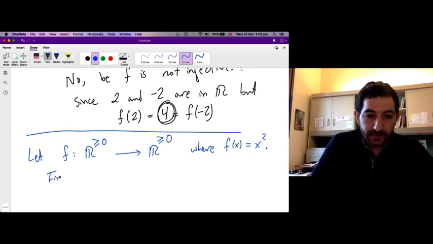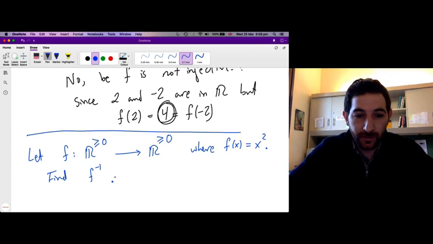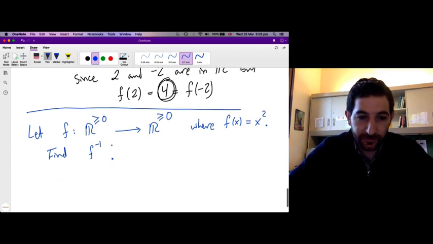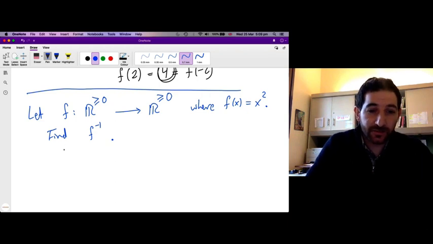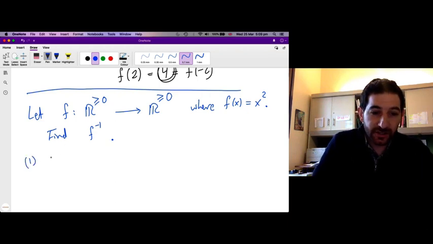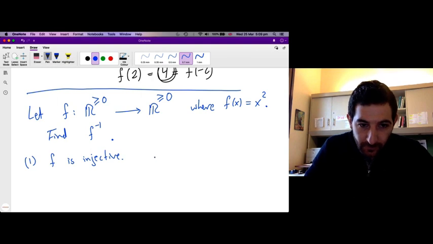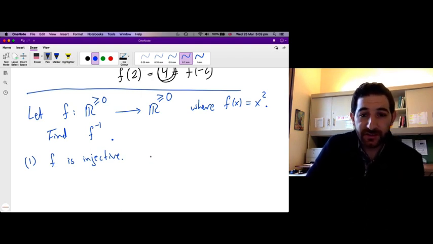Okay, now, this is another example. Find f inverse. We want to find the inverse of the function f. Before we start finding the inverse, we need to check it's a bijection. So first, let's prove that f is injective.